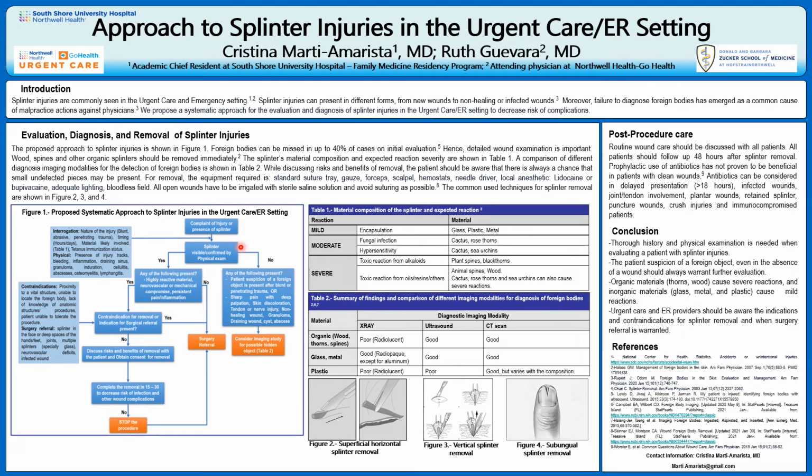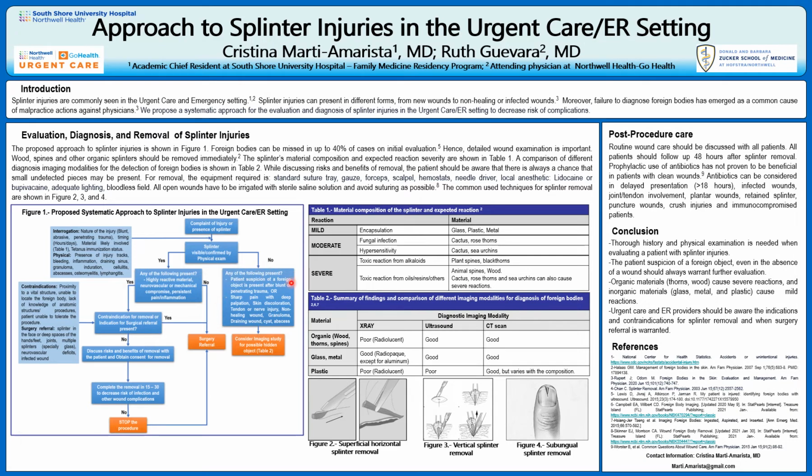Now, if after a thorough physical and interrogation you were not able to determine the presence of the splinter, you need to answer one of the following questions. Does the patient have the suspicion of a foreign object present after a blunt or penetrating trauma? Or is there sharp pain with palpation, skin discoloration, tendon or nerve injury, a non-healing wound, a granuloma, a draining wound, a cyst or an abscess present?